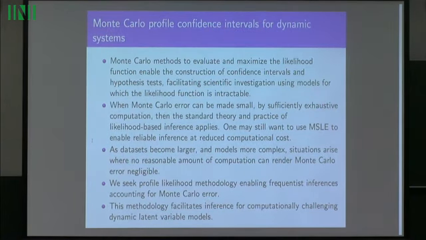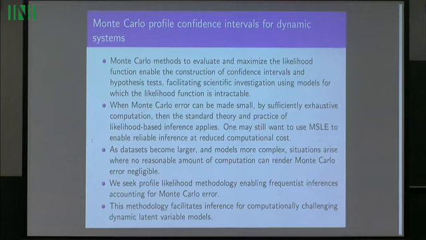Now we're going to start heading back to dynamic systems and Monte Carlo methods. So when we have these kinds of complex stochastic dynamic systems, we're pretty much limited to Monte Carlo methods if we want to access them.